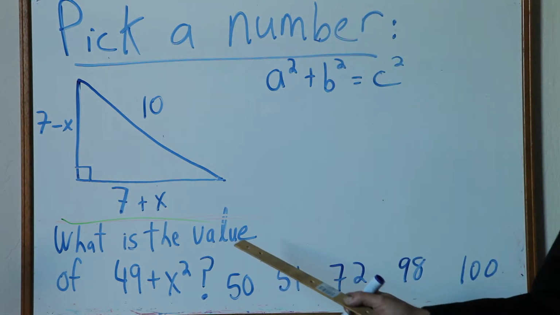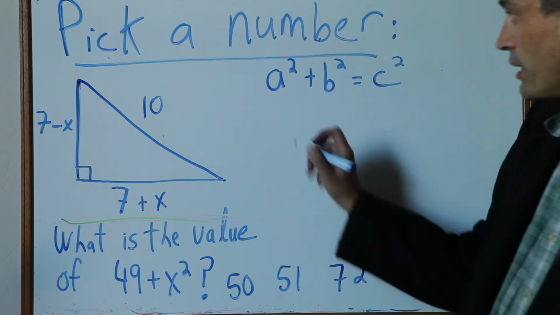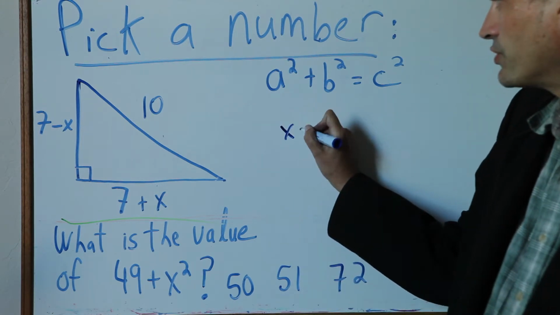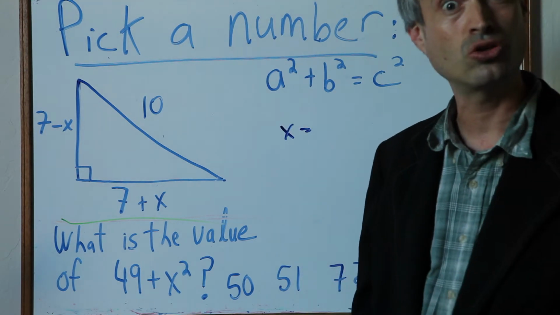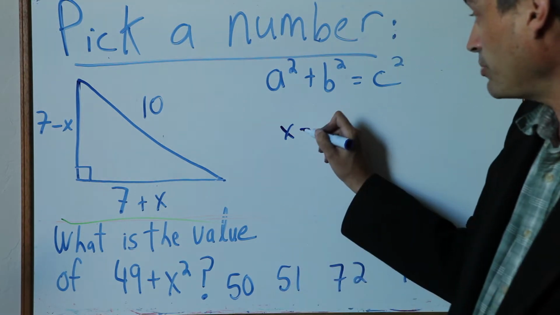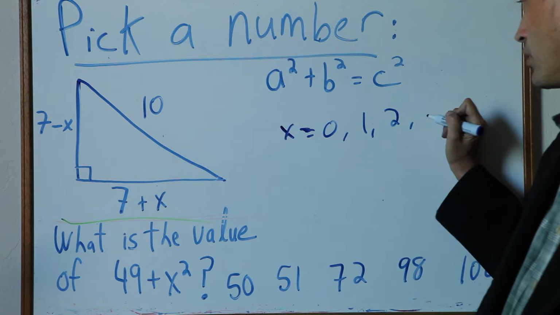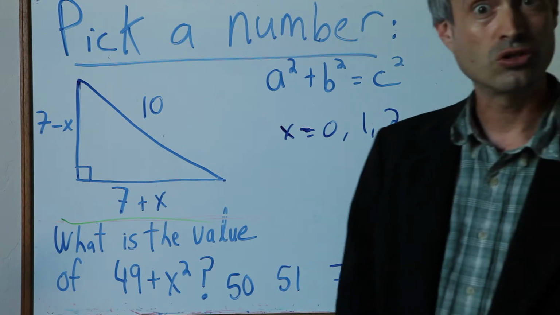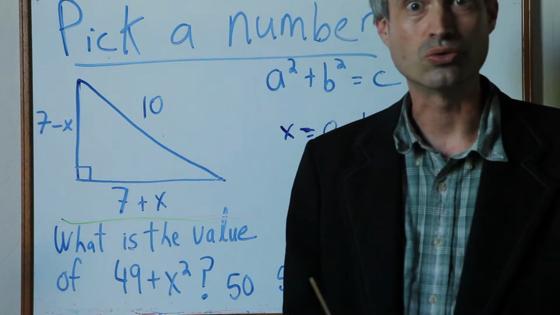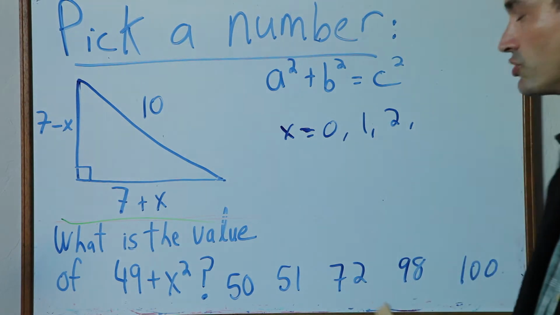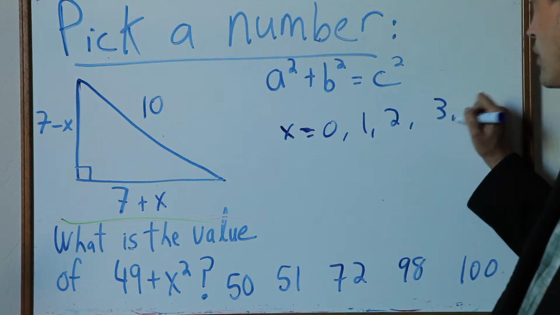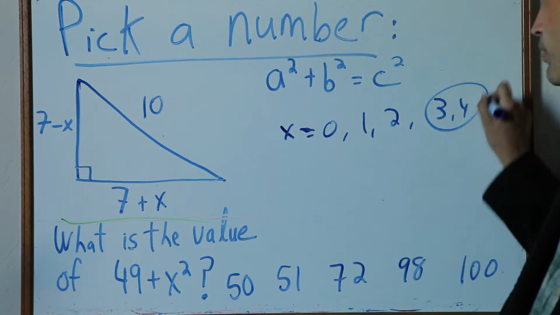When we take a look at this, one kind of sneaky approach might be to think of numbers that x could equal and maybe just try testing some of those values. For example, x could equal 0, 1, or 2, but a quick inspection shows you that x could not equal 3 or above.